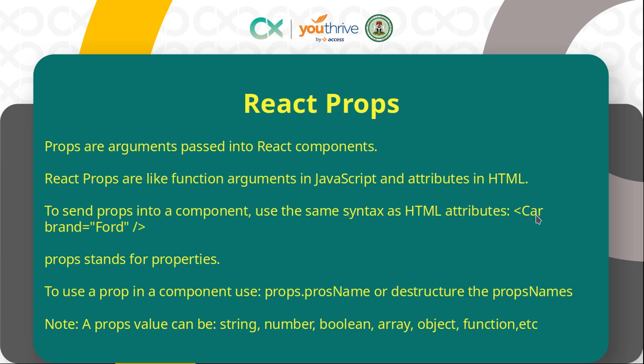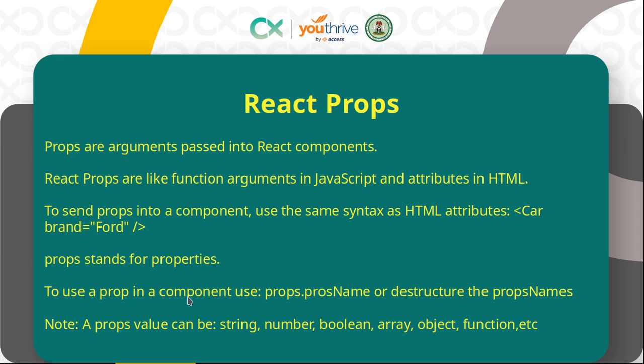So I have my car, so we've already done this. Brand equal to Ford. Now remember, when we want to add an ID, a class to a HTML tag, what do we say? We say class, for example, equal to Ford. So you see, that's what it says, it is like an HTML attribute. So prop stands for properties.